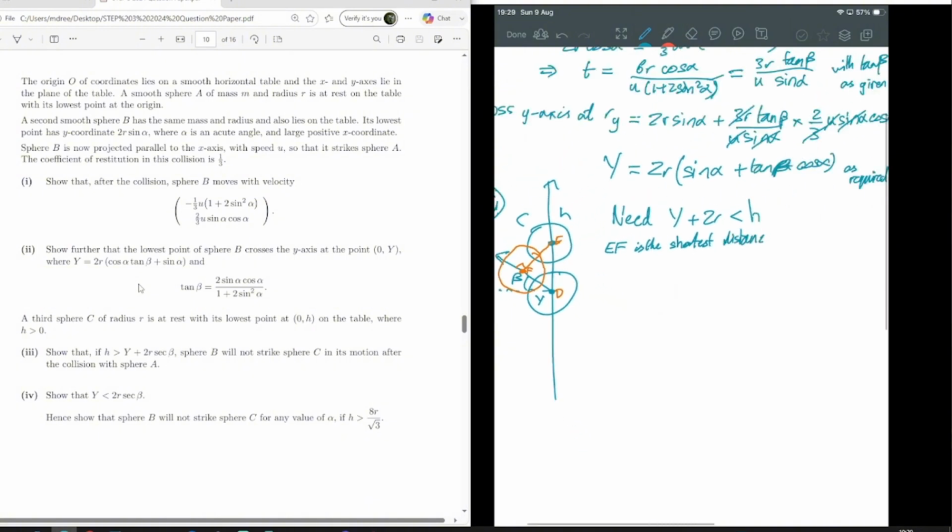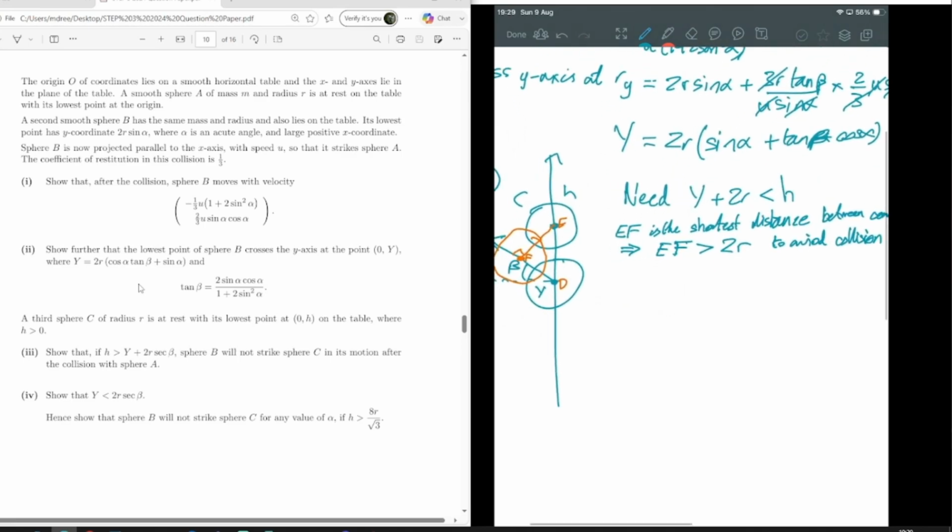So now I'm kind of using ideas within the world of vectors, shortest distance between a point and a line in vector world. EF is the shortest distance between centers, which means that EF has to be greater than 2r to avoid collision.